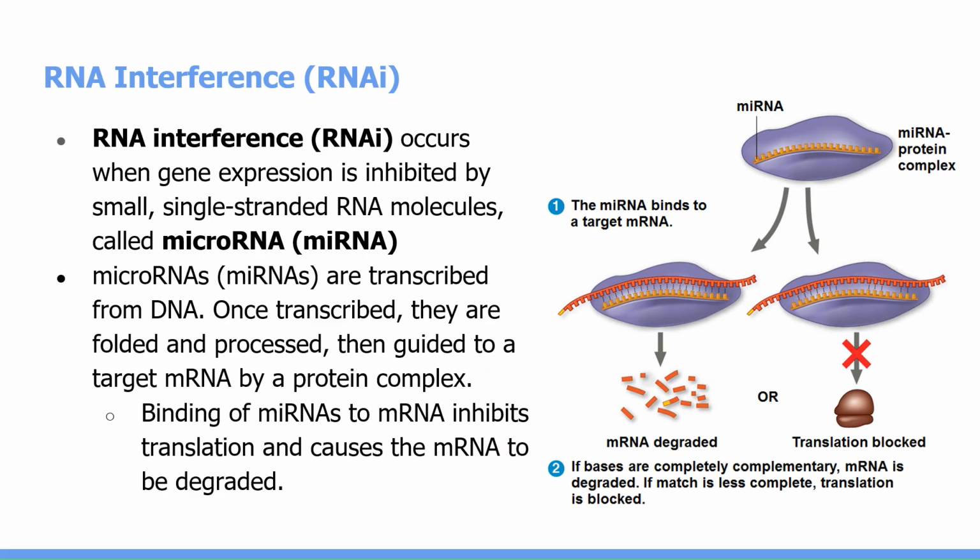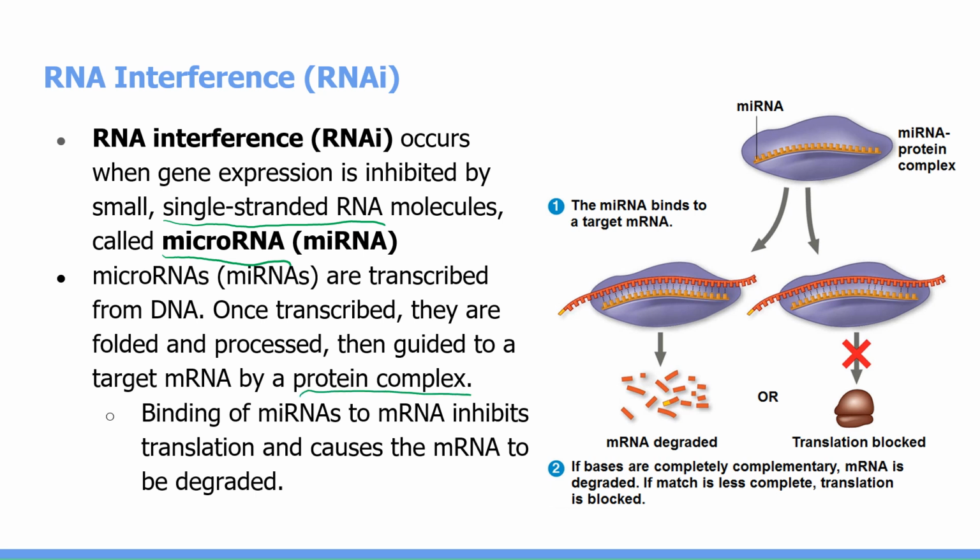The second example would be RNA interference, or RNAi. RNAi occurs when gene expression is inhibited by small single-stranded RNA molecules called microRNA or miRNA. These microRNAs are transcribed from DNA. Once transcribed, they are folded and processed, then guided to a target mRNA by a protein complex.